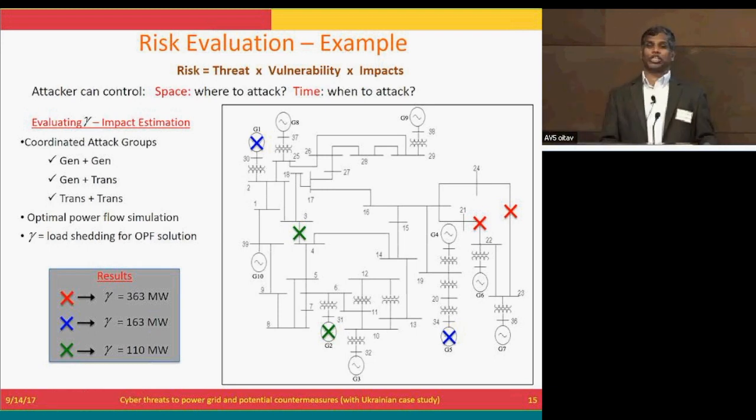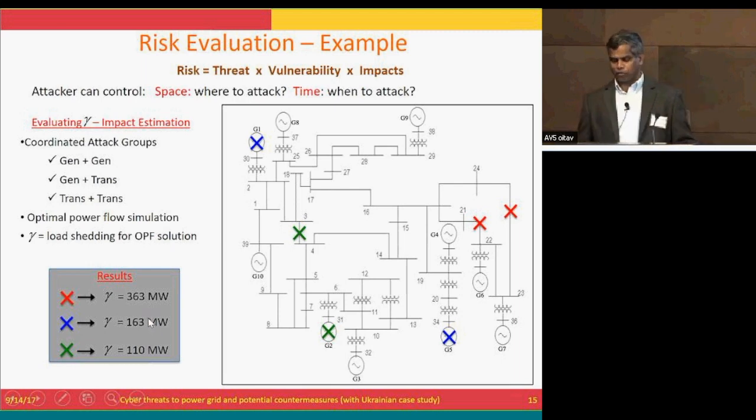In this case, load shedding. If you take down 2 generators, this blue thing, 163 megawatt of load has to be shed. On the other hand, if you take down those 2 red transmission lines, 363 megawatt of load has to be shed. Of course, what is the probability of each event happening?